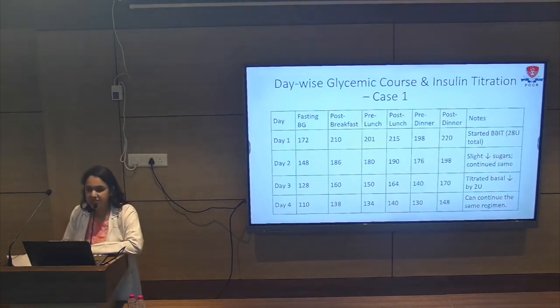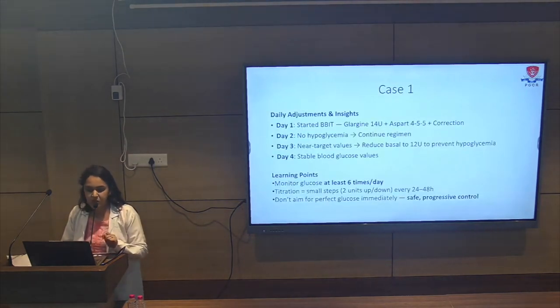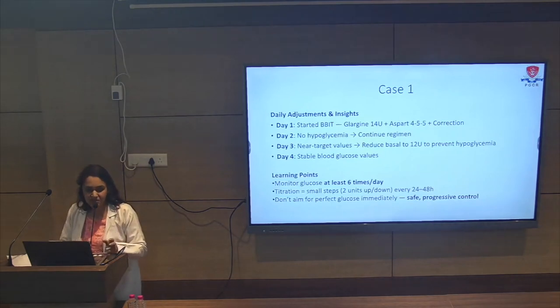We don't over-titrate. We look for symptoms of hypoglycemia or rapid drops in blood glucose levels, and we adjust the insulin doses accordingly. On day 1 we started the patient on basal bolus insulin therapy. On day 2, there were no rapid drops or hypoglycemia, so we continued the same regimen.